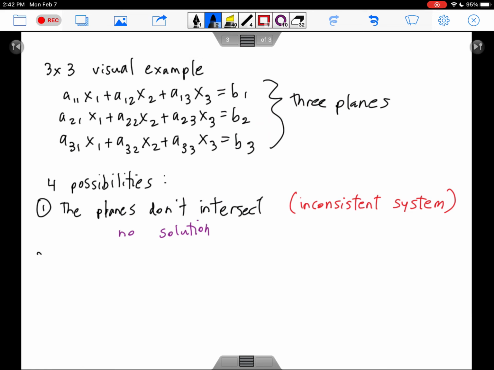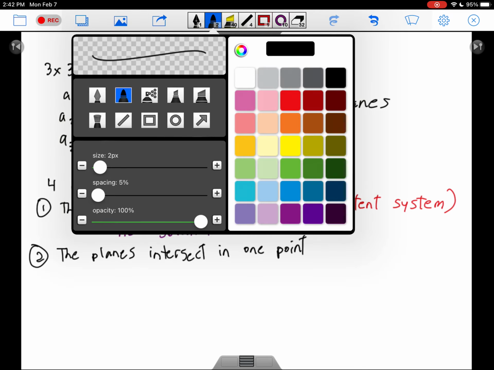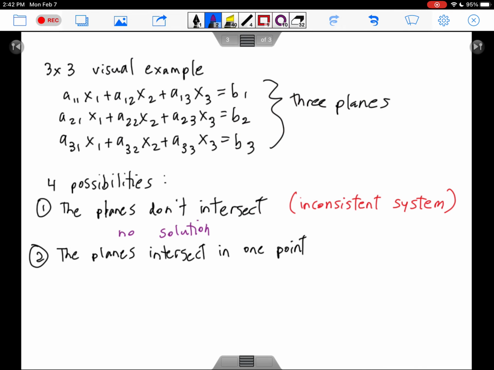What's the second possibility? The planes intersect in exactly one point. So if they intersect in one point, then that means that they have one solution, right? One solution.